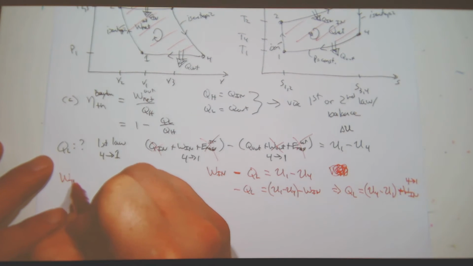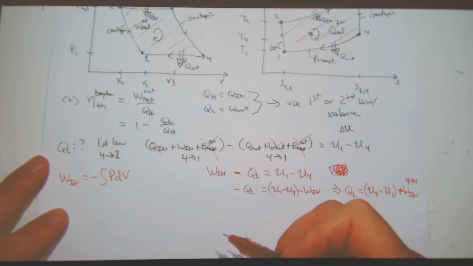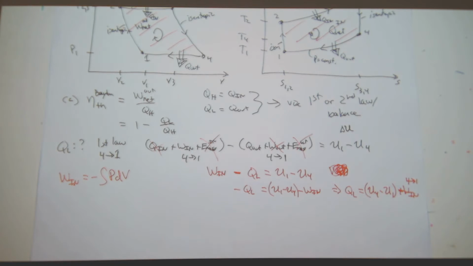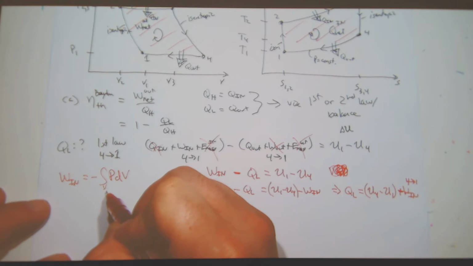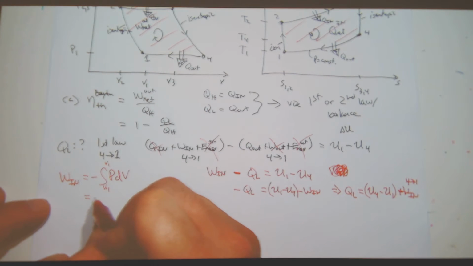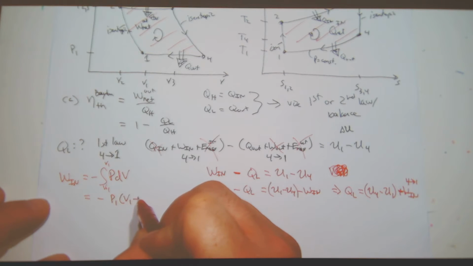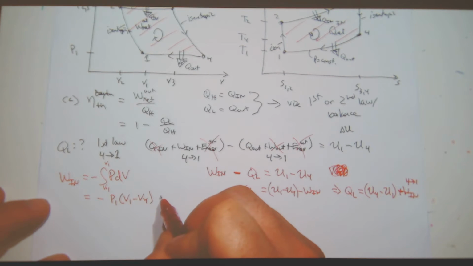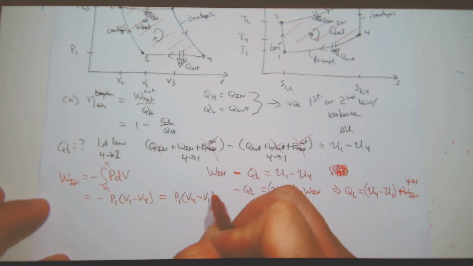Now, work in is equal to minus the integral of P dV. Work out is, so this is V4 to V1 at constant pressure, which is basically minus P1 times V1 minus V4, which equals P1 times V4 minus V1.